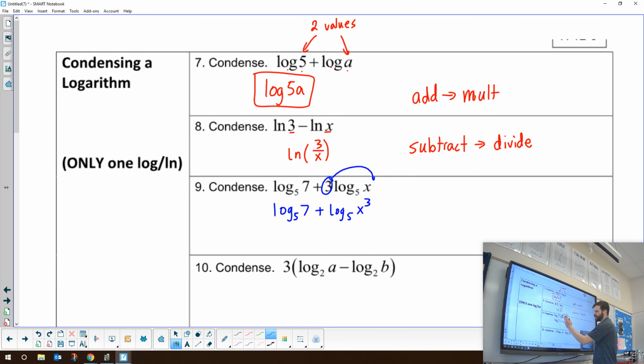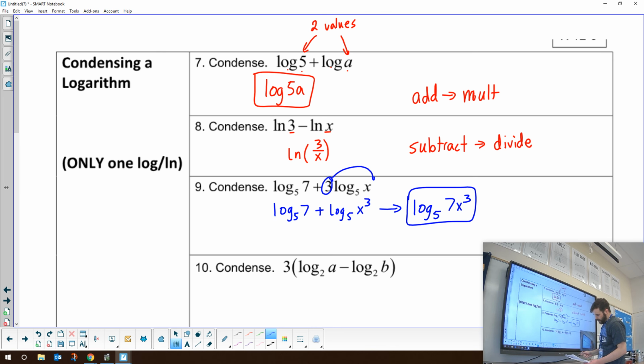Notice how I took my cube and I rewrote it out in front here. So now I can combine this to be one logarithm. We have two values, 7 and x cubed. We're just going the other direction, and we get log base 5 of 7x cubed. Remember, when we add, we multiply our two together.